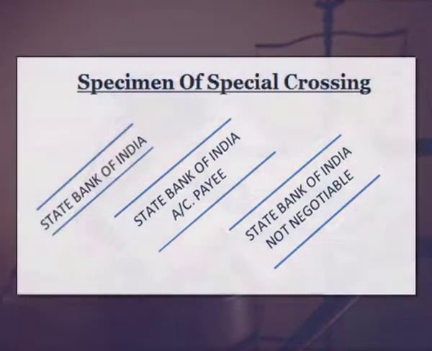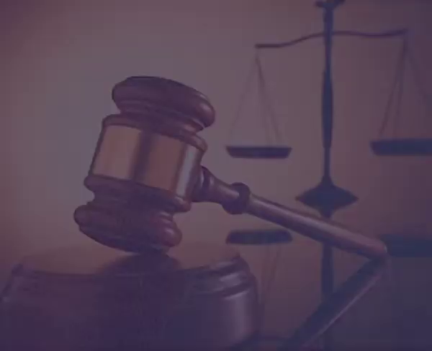The payment of such a check is not made unless the bank named in the crossing is presenting the check. The effect of special crossing is that the bank makes payment only to the banker whose name is written in the crossing or his agent for collection.